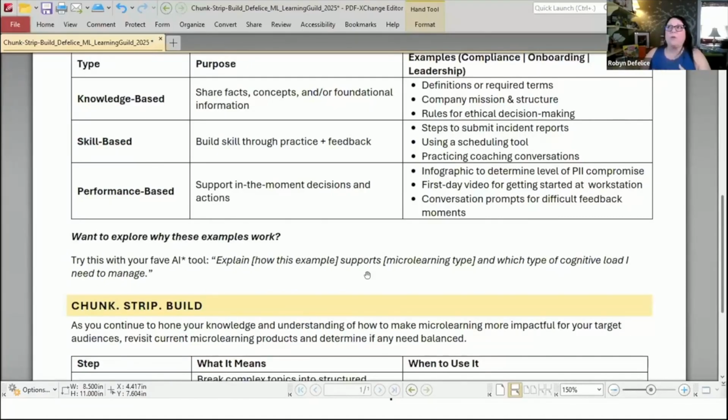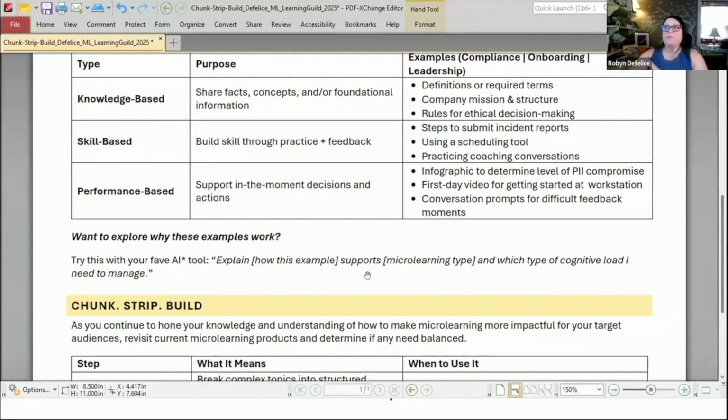You could even right now probably go back, for those that have the intrinsic and the extraneous as the majority of your microlearning products, and ask it some information based off of that to figure out how you can use the chunk, strip, build method to remove that and redesign your microlearning for greater effect.